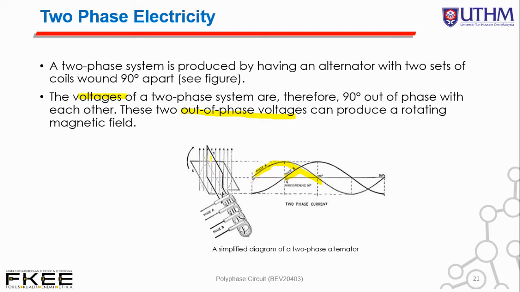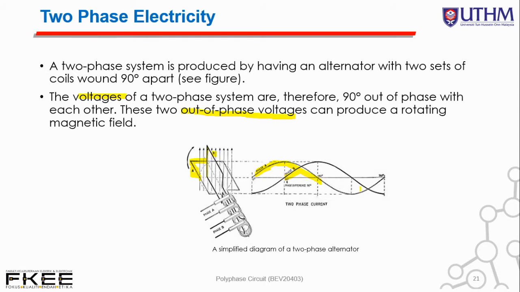If you look at the physical design of the coil, it is again separated by 90 degrees. This is in vertical position for phase B, and horizontal position for phase A.